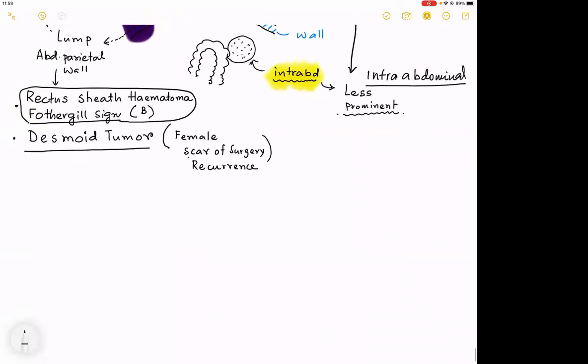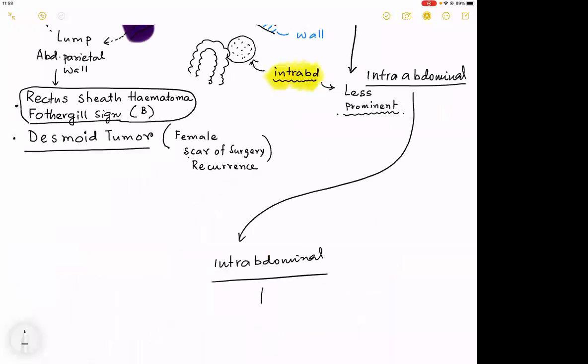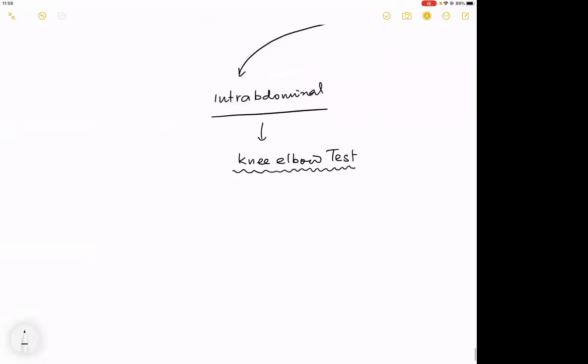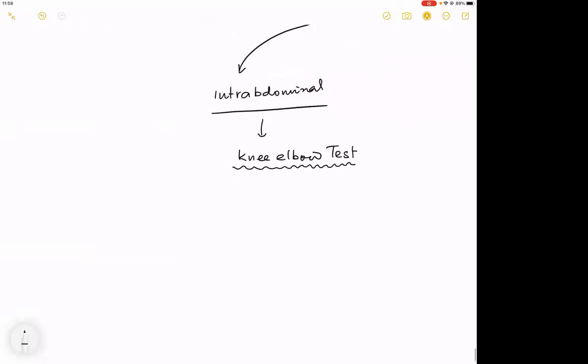Okay, now when you come to intra-abdominal lumps, the only test that you need to understand is called the knee elbow test. Now, I personally do not do this test, but if I tell other things, it will be more confusing. So I will tell you things which are taught in MBBS across India.